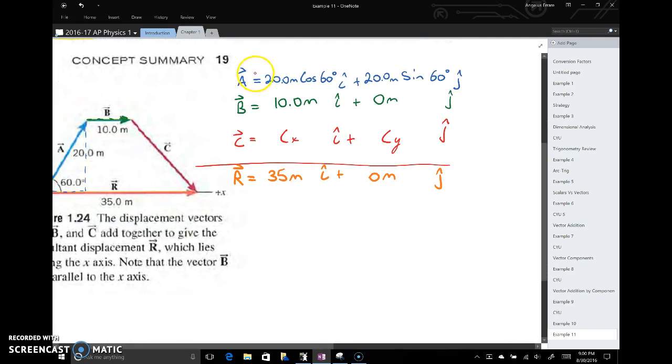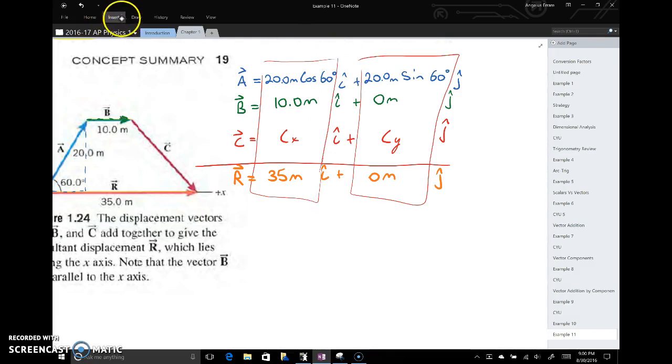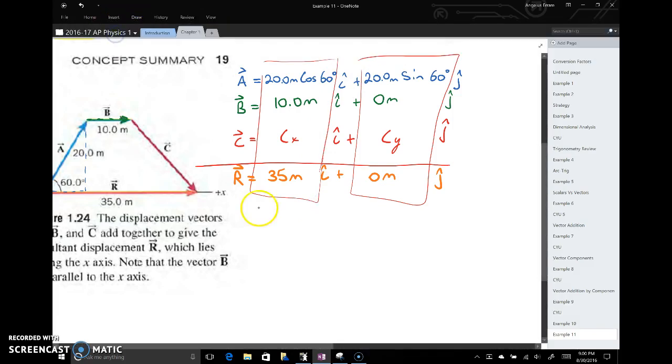We can set up a scalar equation now by taking this box and this box. For this to work, we would need to have ax plus bx, that's these components here, plus cx equals rx.